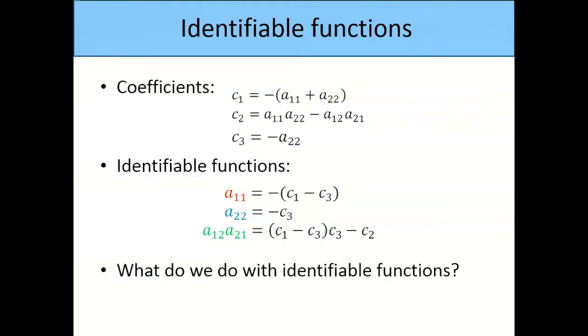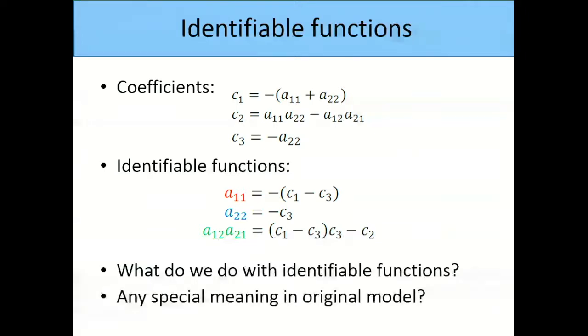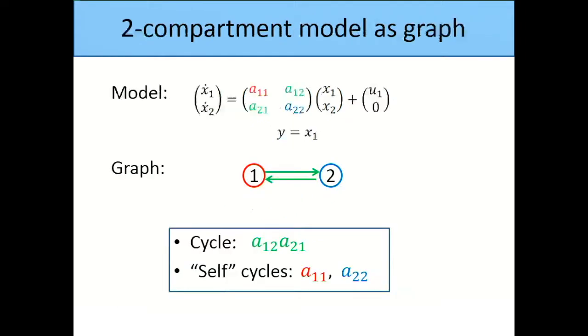That brings me exactly to this question you're about to ask: what do we do with these identifiable functions? Another interesting question biologically is: do they have any special meaning in the original model? I'd like to answer that second question first. Let's go back to the graph interpretation of our model. Remember we're looking at models that correspond to strongly connected graphs, and in our case, our model just corresponds to this cycle between compartments 1 and 2.